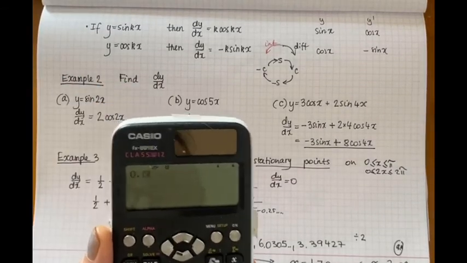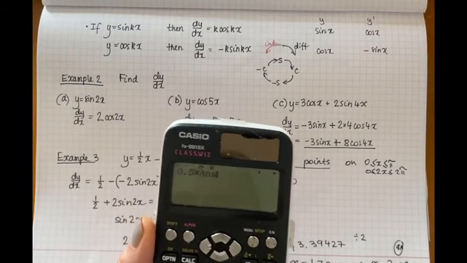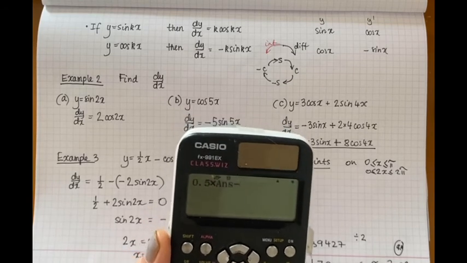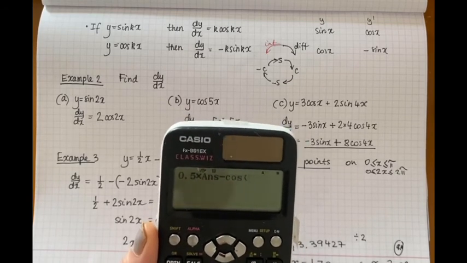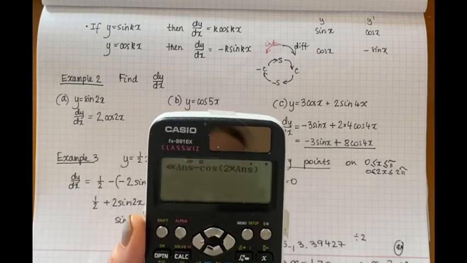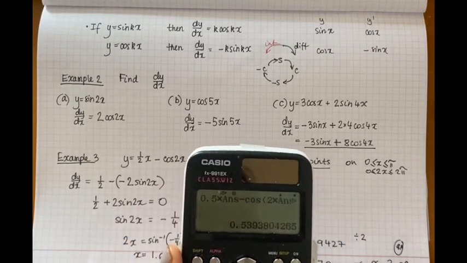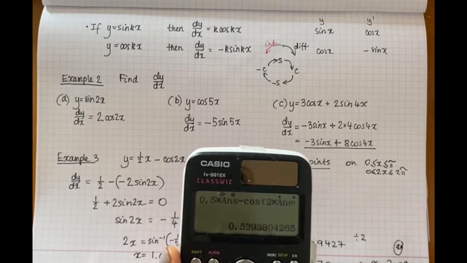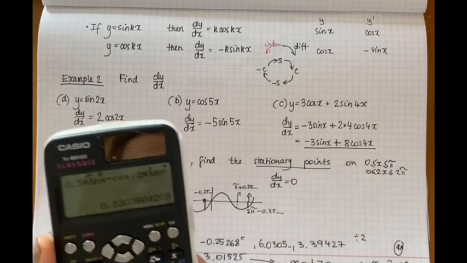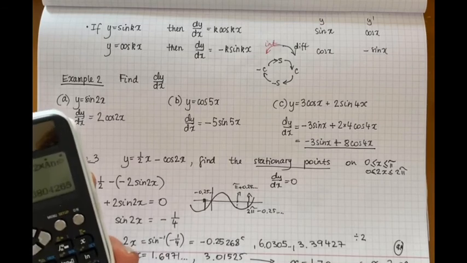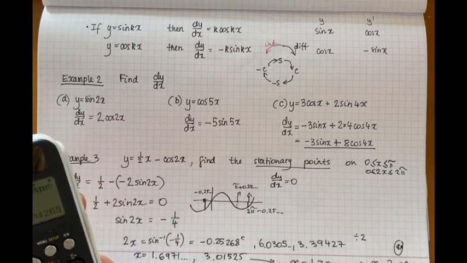So 0.5 times answer minus cos 2 times answer. So this one here is 0.539. And this one over here, let me just step back to our value.